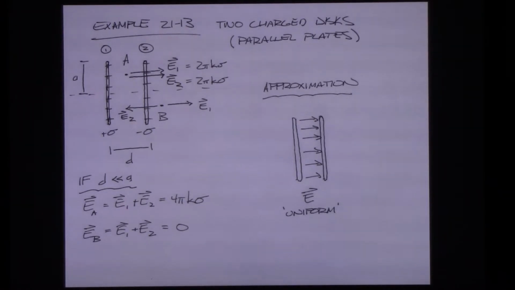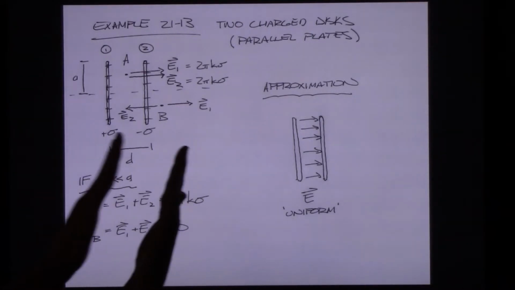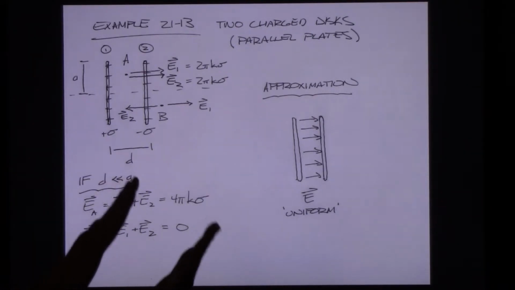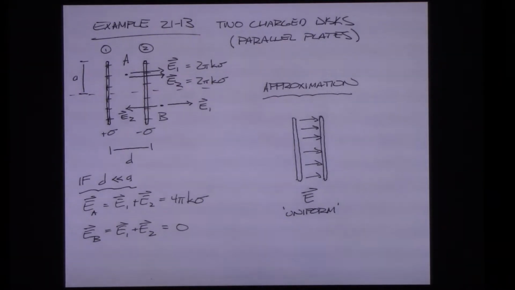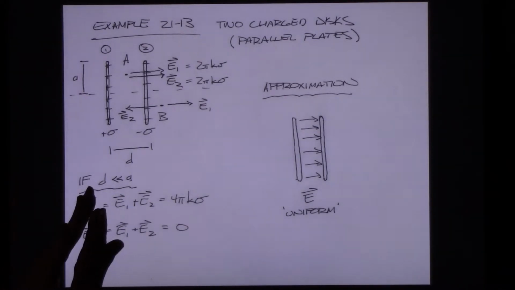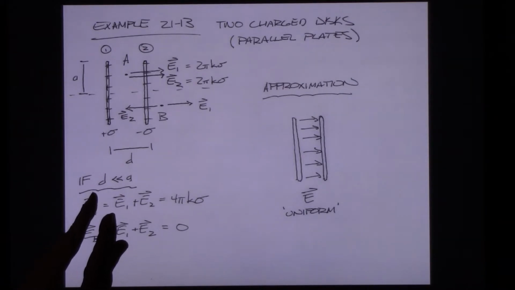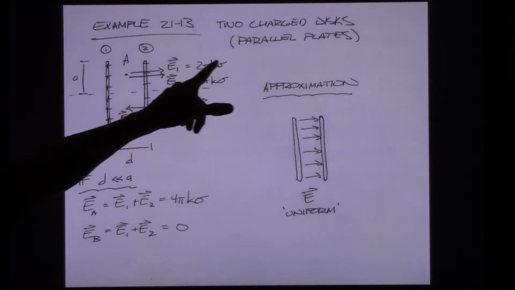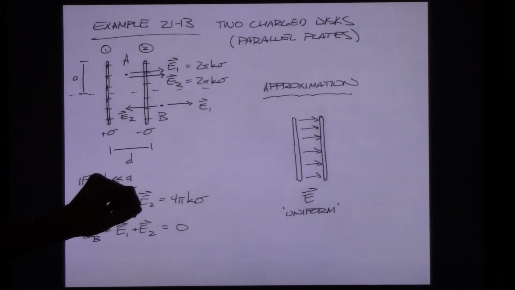Well, that's not true unless the distance between the two plates is really, really small compared with their radius or their diameter. So in order for this to be a useful approximation, the plates have to be very close to each other in order to use the formula 2 pi k sigma.